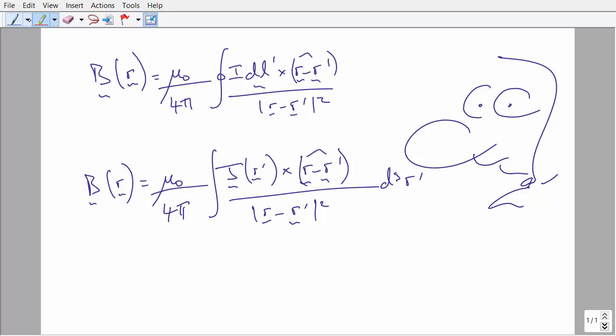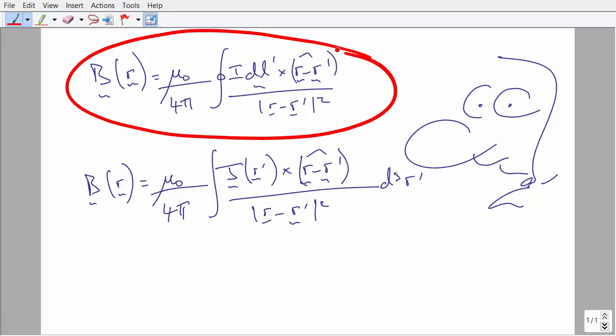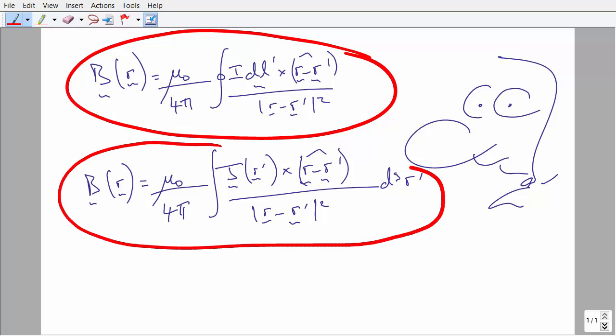The first of these forms, the top one, is applicable to line currents where we're integrating in one dimension. The second equation is actually applicable in all situations. The first equation is a special case of a three-dimensional current density J.